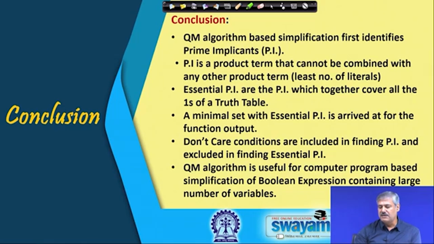Do not care conditions are included in finding prime implicants, but excluded in finding essential prime implicants for incompletely specified truth tables having do not cares, and this is useful for computer based simplification of a Boolean expression. Thank you.